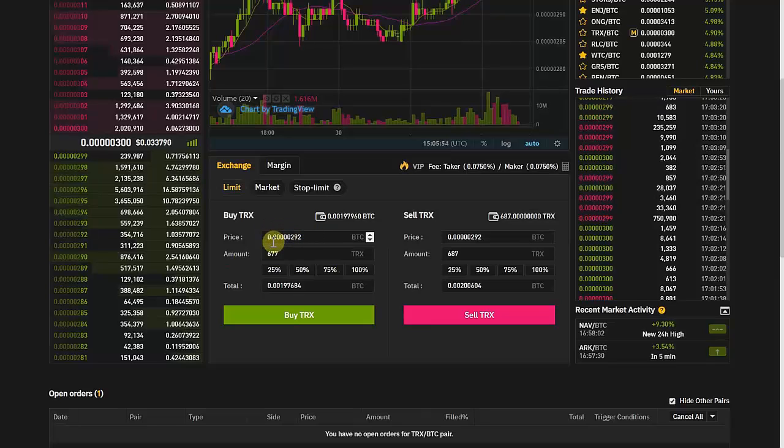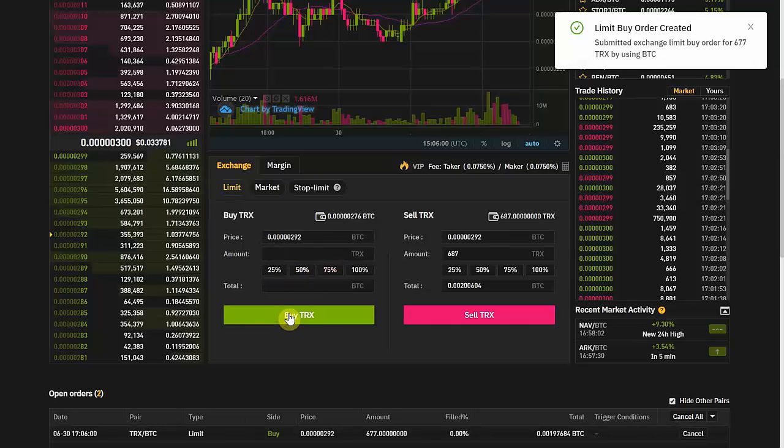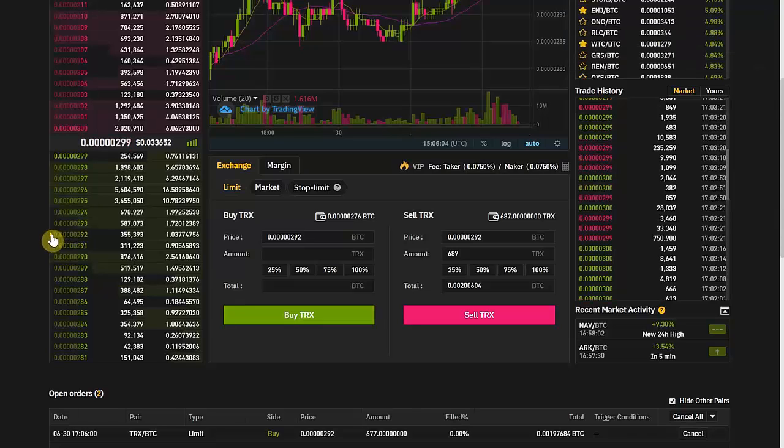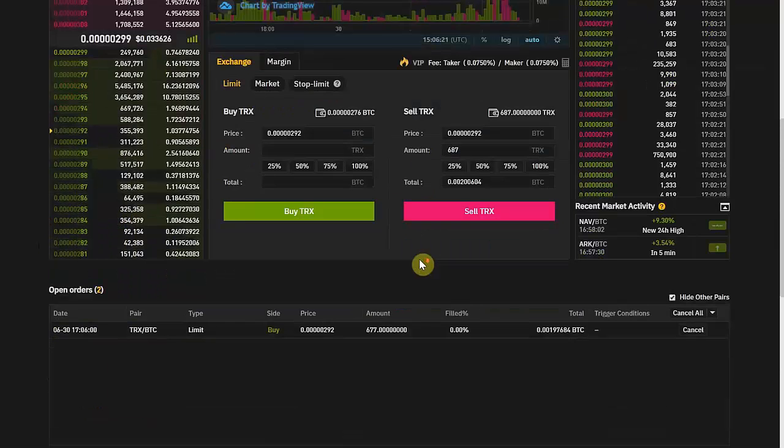So I'm selecting the price, the amount, and that's it. Just click buy. So now you see your order. You have this indicator here. Your order is inside this 355k TRX tokens. Your order is right here. So you have to wait for all this to clear until your order gets filled.